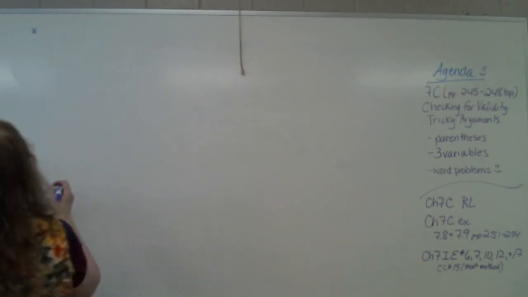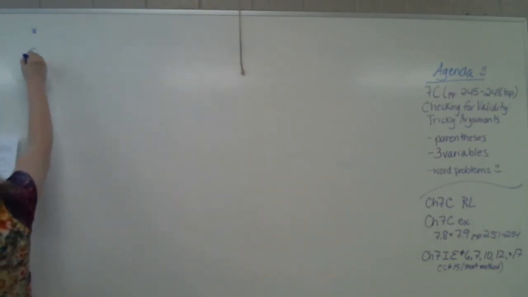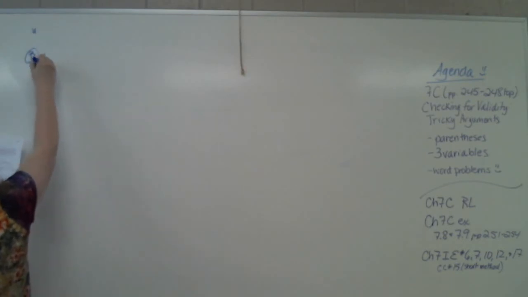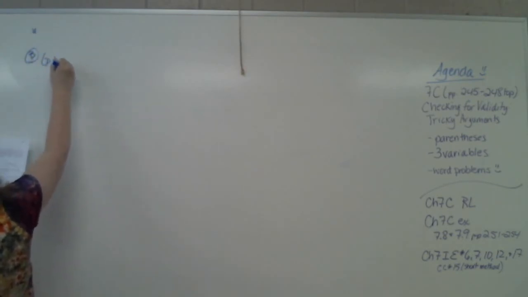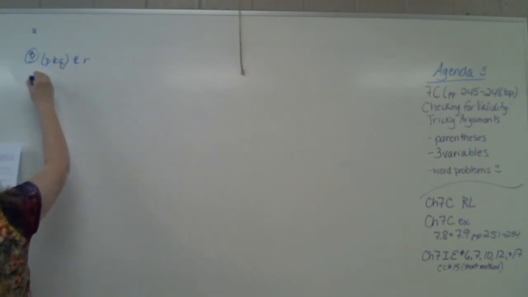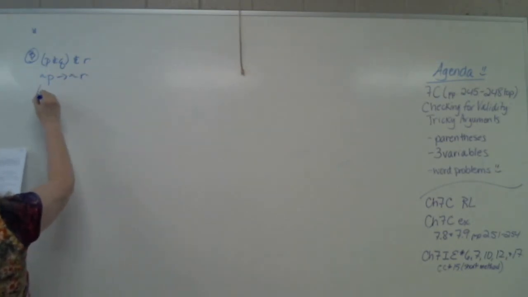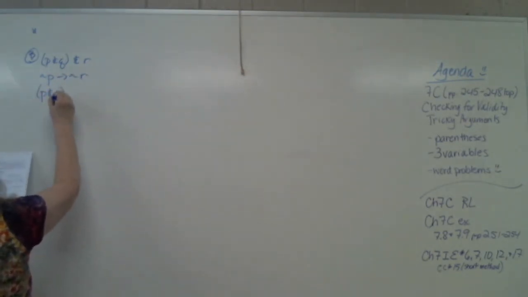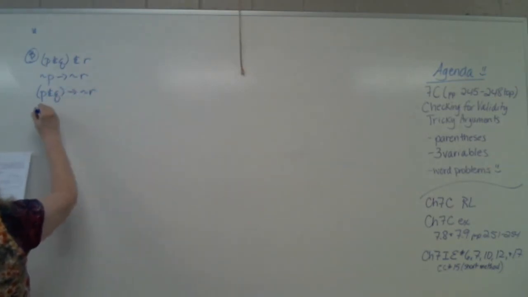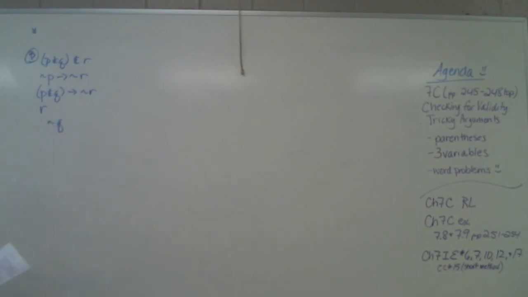Okay. This is one of my made-up guys. And I don't know. So this will be B, because we did an example already. P and Q and R. Not P, then not R. P and Q, then not R. R, therefore not Q. Okay?